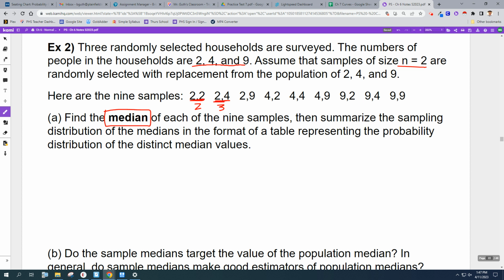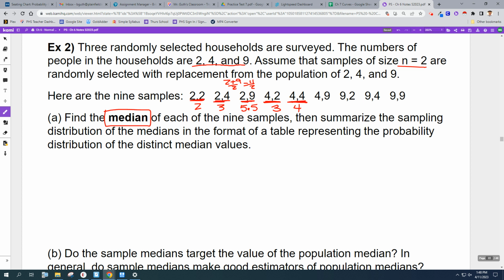Now, 2 and 9 is a little bit harder to do in your head, but remember, if you can't do it in your head, you're just finding the average, basically. 2 plus 9 divided by 2, that's 11 over 2, that's 5.5. The median of 4 and 2 is 3. The median of 4 and 4 is 4. 4 and 9.